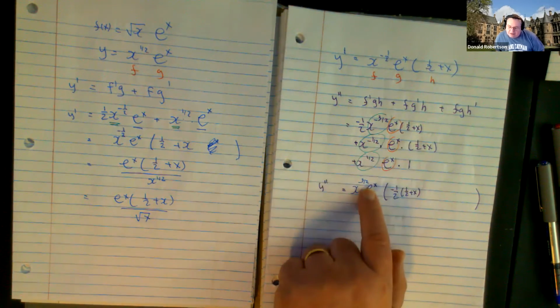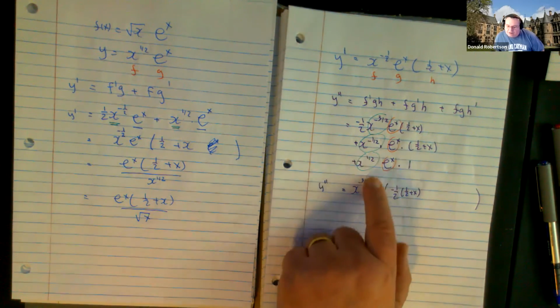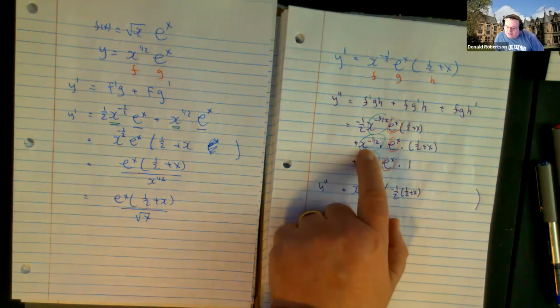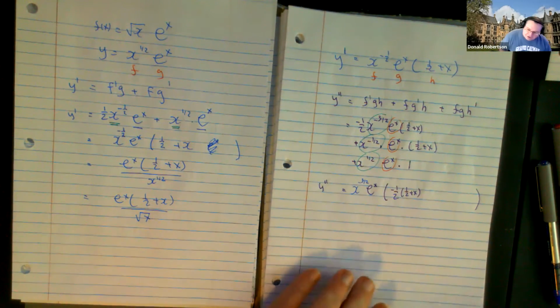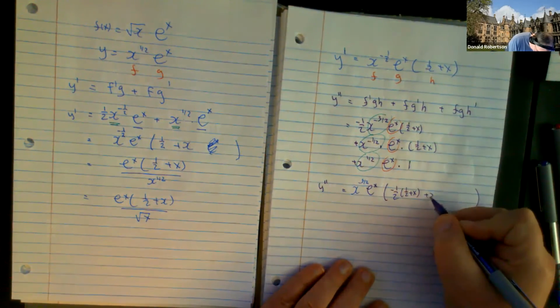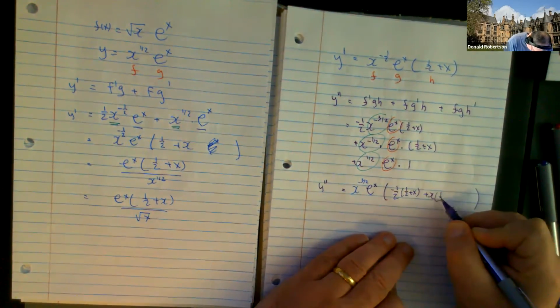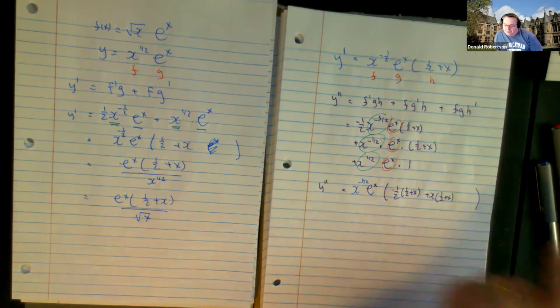And this guy, well, negative a half, take away -3 halves. That's negative a half, add 3 halves, which gets you x to the 1. And that guy, right? Because that wasn't used up.